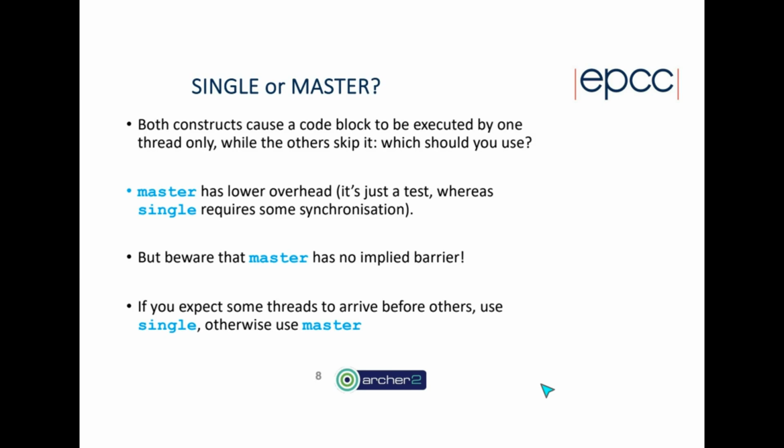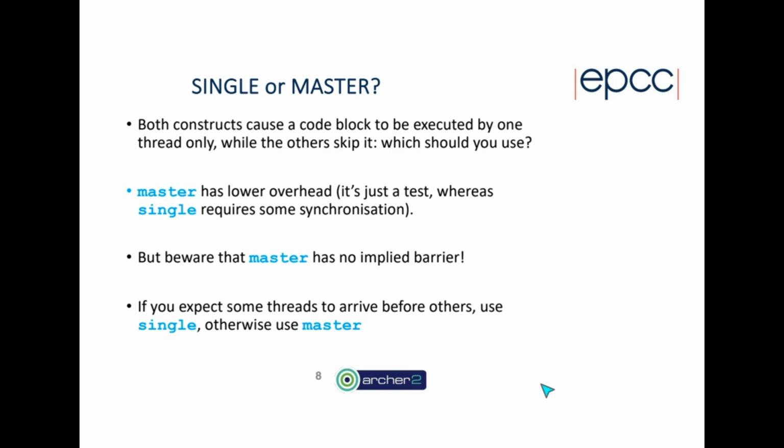When we're executing inside a parallel region and we have a block of code that's executed by only one thread, then we have choices. We can either use single or master. Just to remind you, single means the block of code will be executed by the first thread that gets there, and the other threads will skip over it.